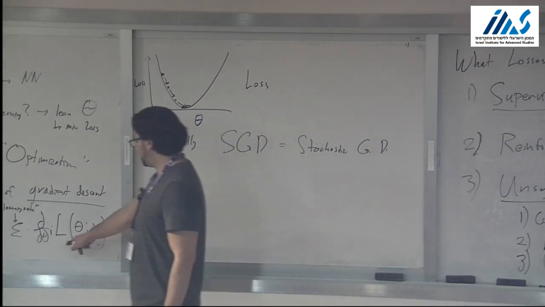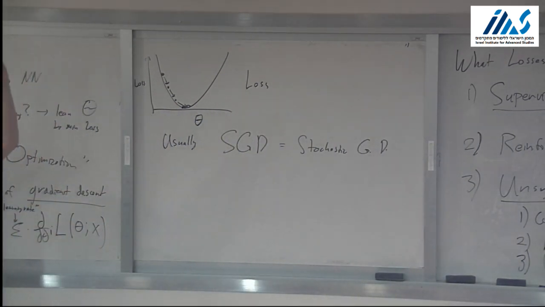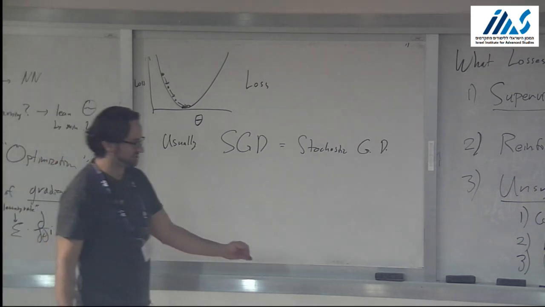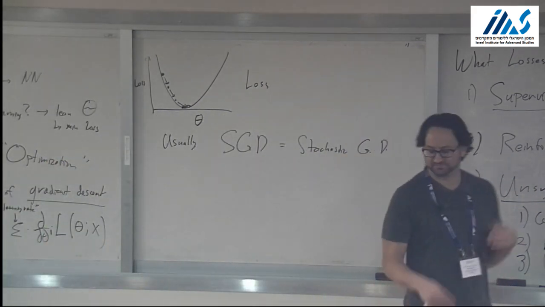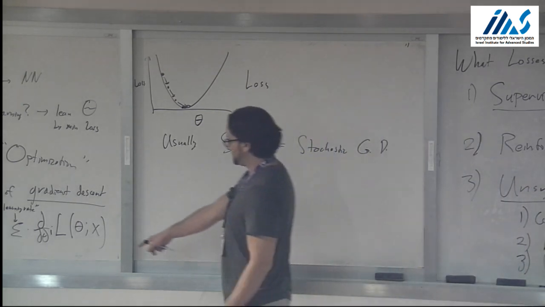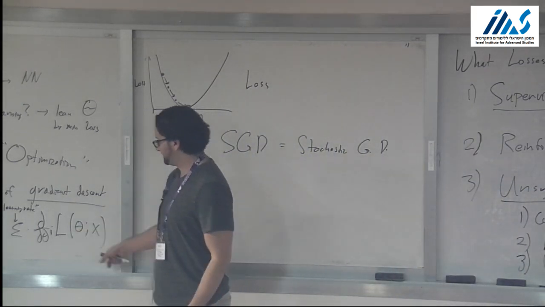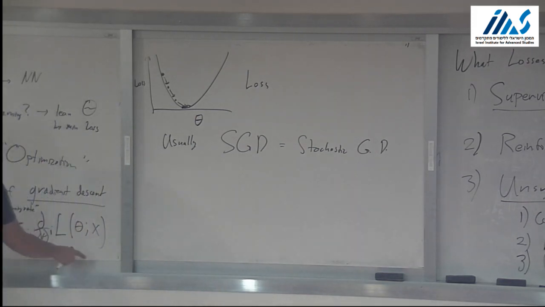You could compute the loss summed over all 1 million images in your data set. However, that would be a huge amount of computation, because you have to compute the loss for every image, then take its derivative for every image, and compute the sum or the mean of those derivatives, and that would give you your update rule.